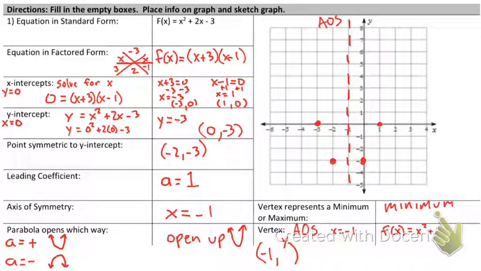Remember, f of x and y are the same thing. You could interchange them. So I'm going to erase f of x, and it's really just y. Now I'm going to plug in negative 1 into all of these. When you plug in, use parentheses.